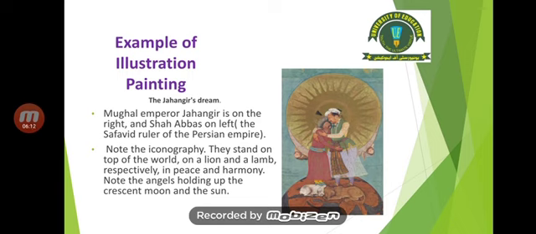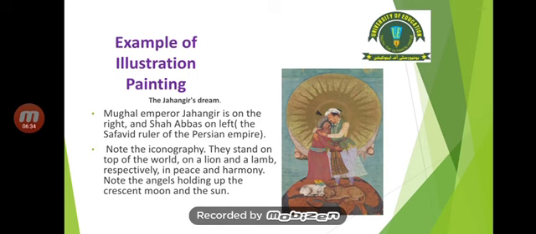They stand on top of the world on a lion and a lamb, respectively, in peace and harmony. Both these animals are representing their instincts and their typical character.